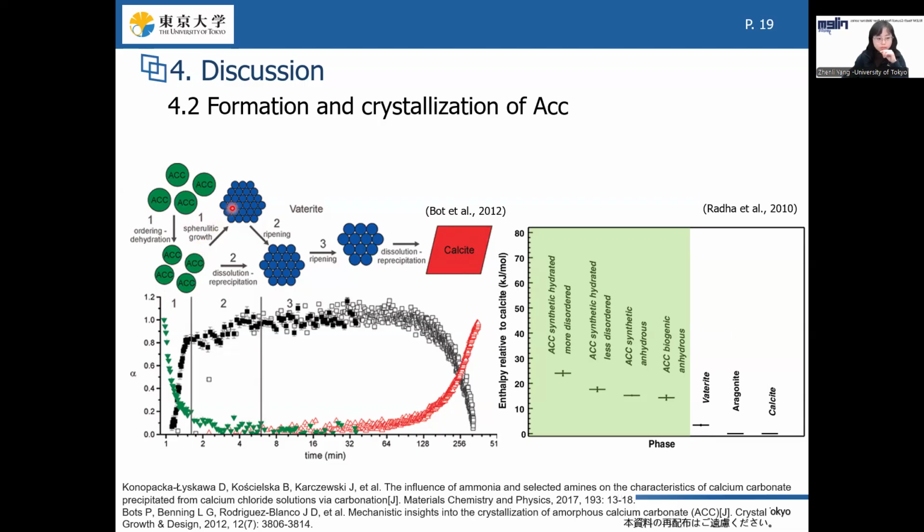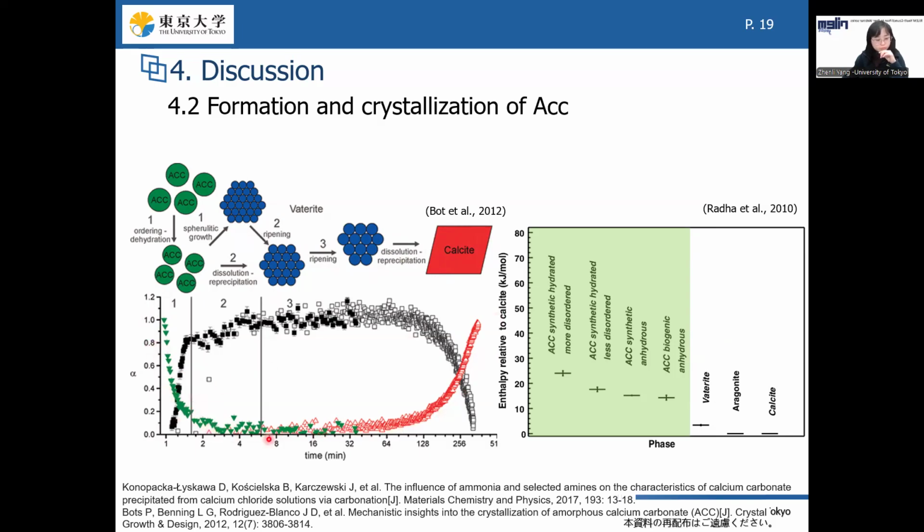And the second step, the spherulite or the ACC will keep growing through Ostwald's ripening. And the third step, the larger size vaterite will grow and transform into calcite due to a dissolution and reprecipitation process.